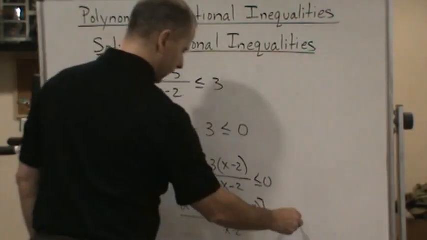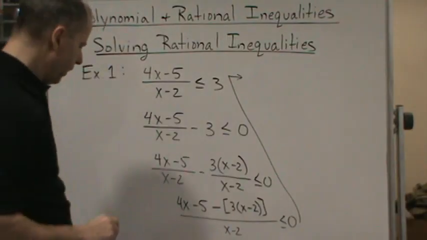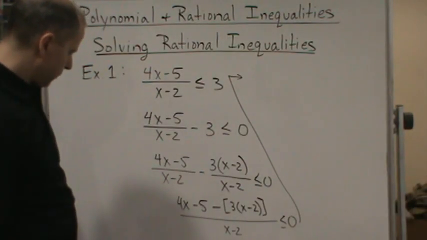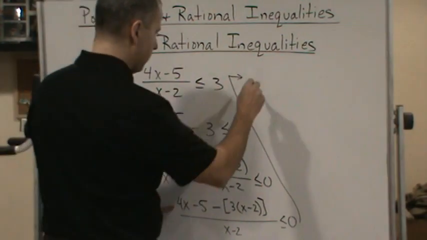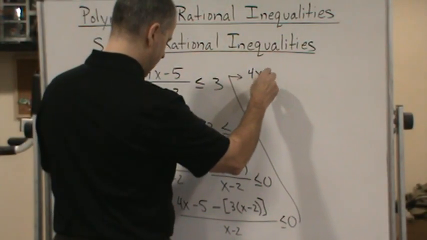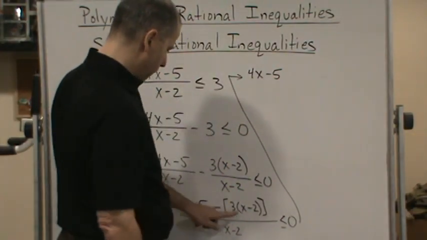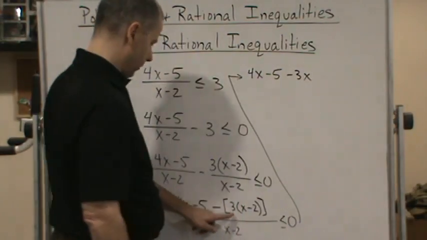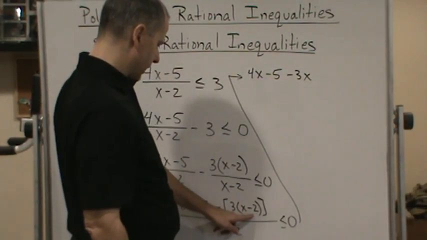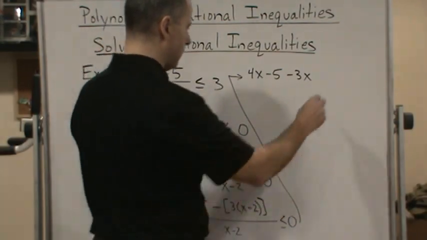Now I'm going to come up here and continue. So I'm going to simplify this. I'm going to distribute the minus sign and just simplify this. So this is going to give me 4x minus 5 minus a 3x, minus a minus 6, so the minus is going to give me a plus 6.